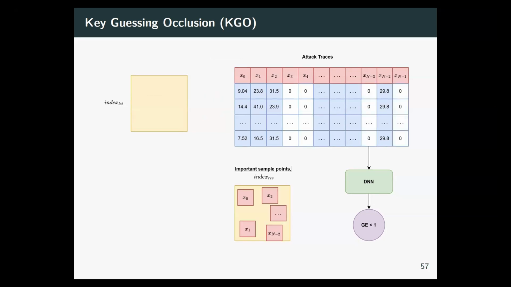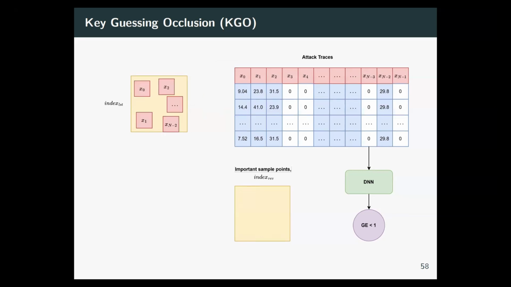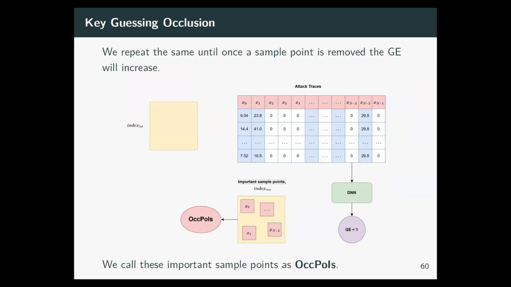Then we keep doing this for each of the sample points, and we get a set of sample points in index ref. But what we found out was that this can be done again to remove more sample points. So we redo it, until the point where for every single sample point in this index ref, wherever you remove it, the Gaussian entropy will be more than or equal to 1. So we call every single sample point over here op-POI.